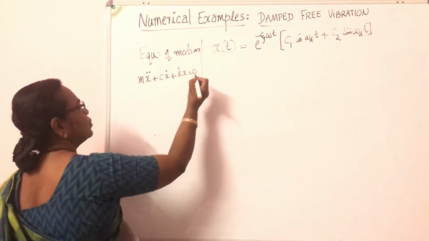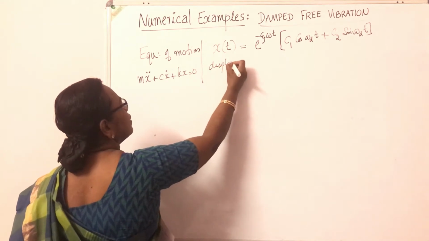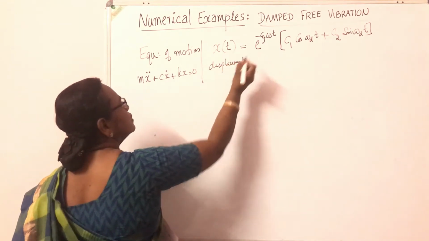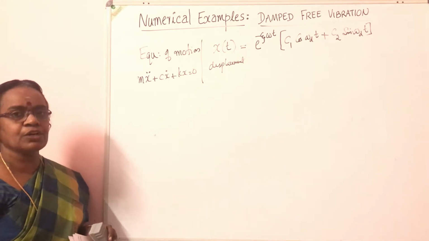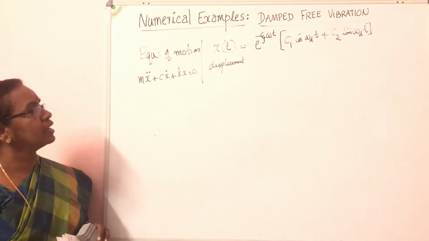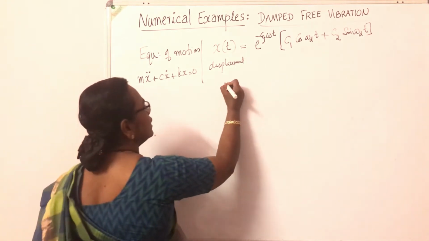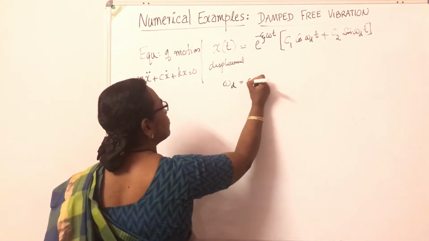From that we get the displacement. We have derived it. The displacement at any time is given by e raised to minus psi omega t into (c1 cos omega d t plus c2 sin omega d t), where omega d is called the damped frequency.